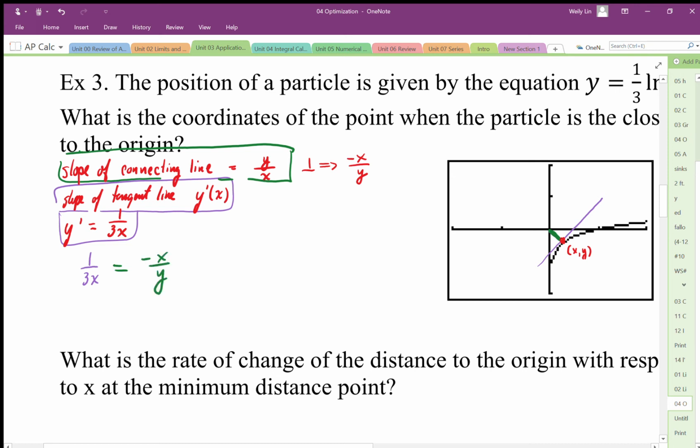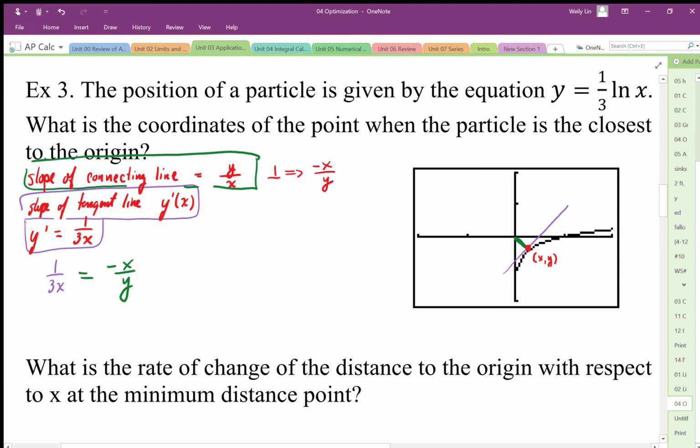So I still can't solve this for x because I have a y in there, but I do know that my y is defined up here. There's my y, so I can replace that with a function of x. So I'm going to replace that: 1 over 3x is equal to negative x over 1/3 log x.